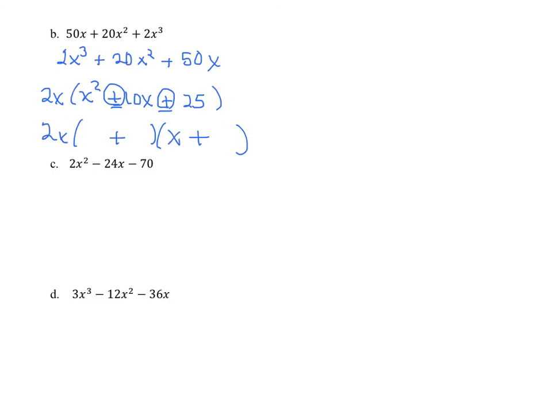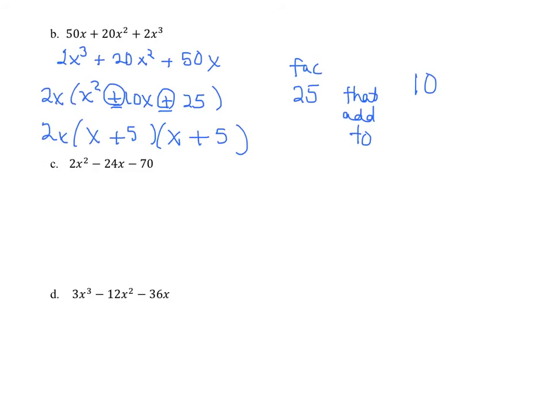I have an x and an x. Now the only factors of 25 that add to 10. Well, that's 5 and 5. Okay, beautiful.